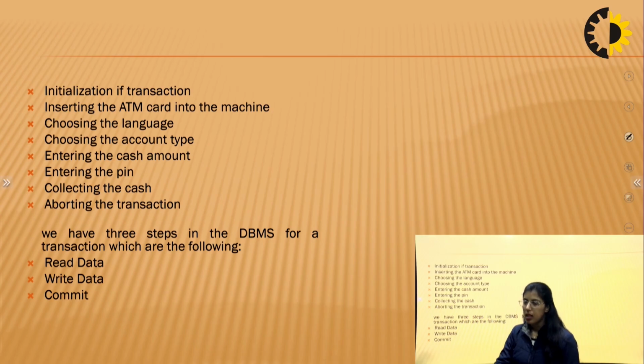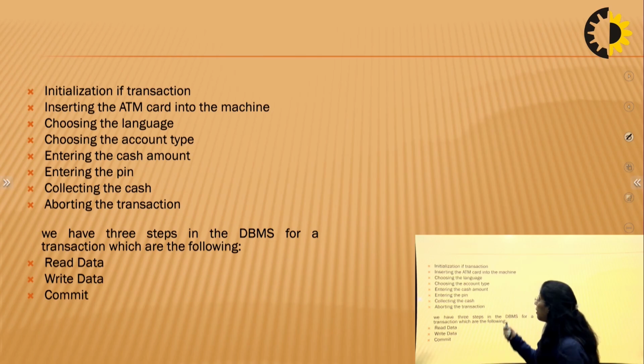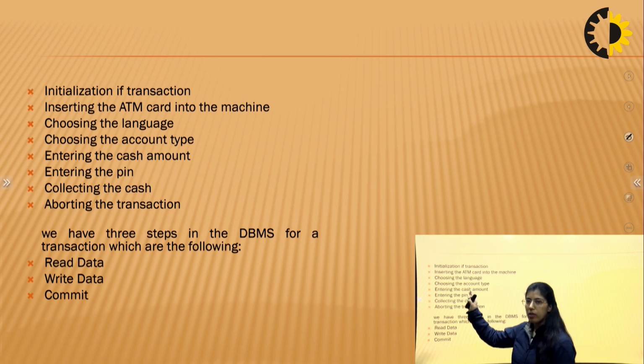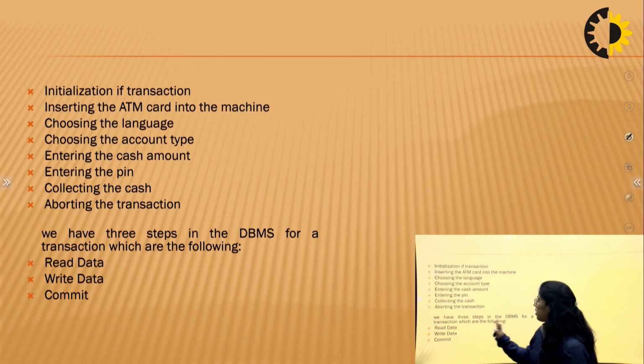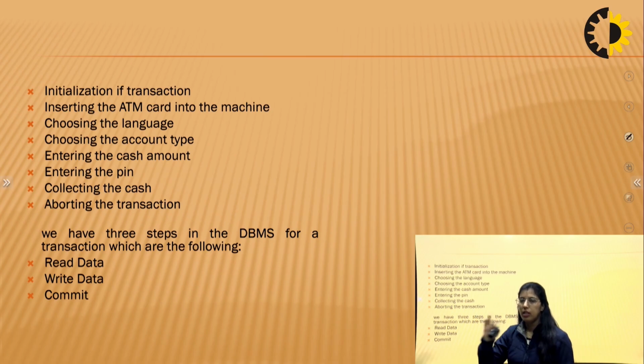Once you enter the ATM room, you first insert your ATM card. Choosing the language is the third step. Then choosing the account type: the machine asks whether it is a current account, a savings account, or another type. Entering the cash amount: your screen moves on to the next screen, asking what amount you want to withdraw.